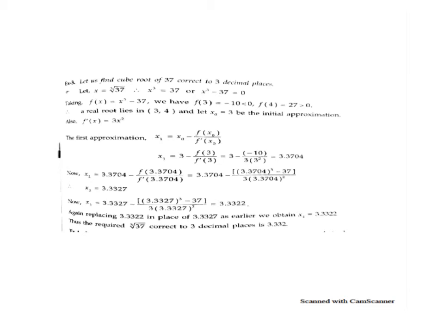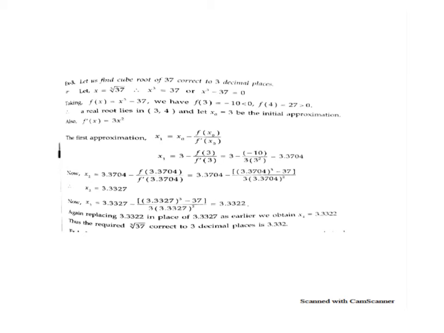That is 3.3704 minus, put the value of x in the function, which is x cube minus 37, so 3.3704 the whole cube minus 37, divided by 3x square, 3 into 3.3704 the whole square, and the answer is x2 equals 3.3327.